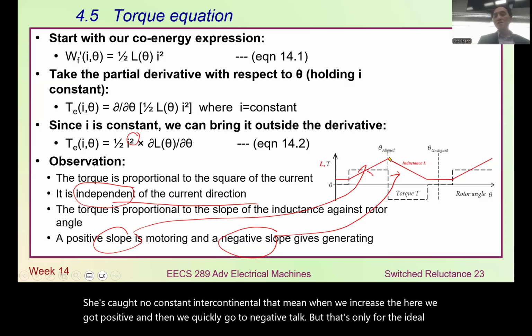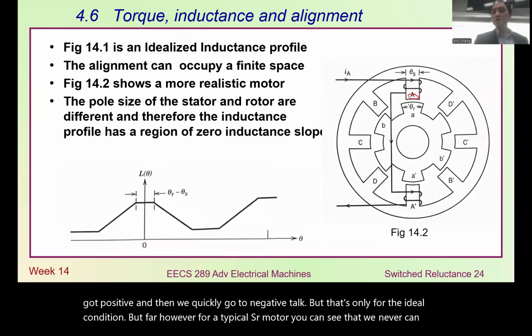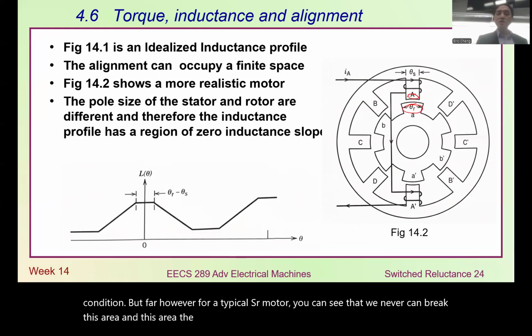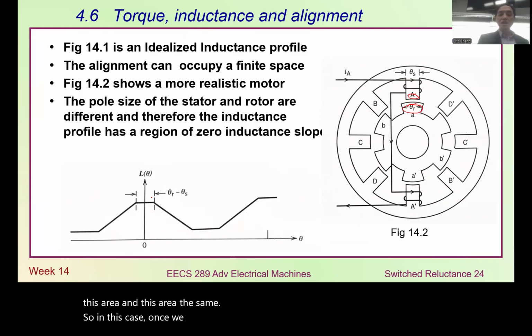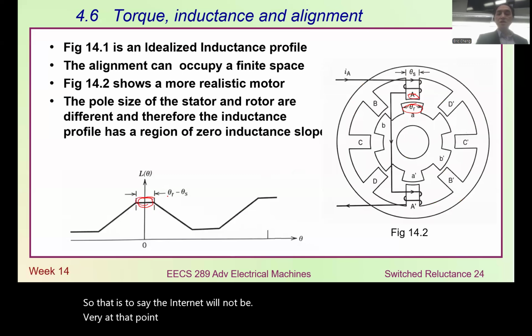However, for a typical SR motor, we can never make this area and this area the same. Once we do that, that's a location where we do have good alignment. That is to say, the inductance will not vary at that point. So this region happens to be equal to the difference between these two angles.